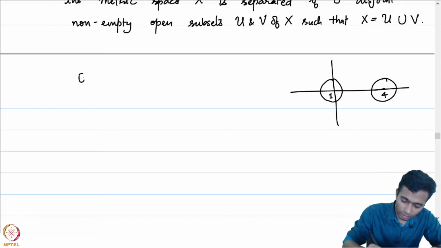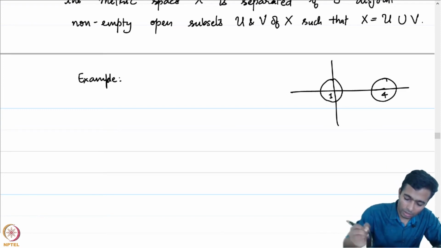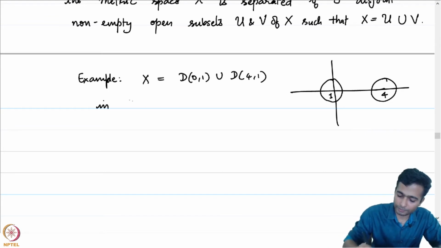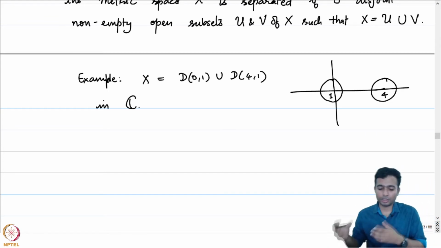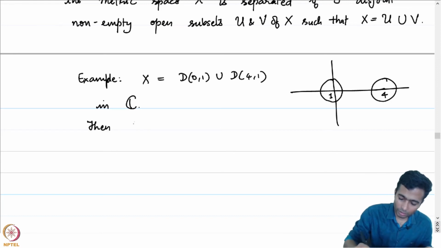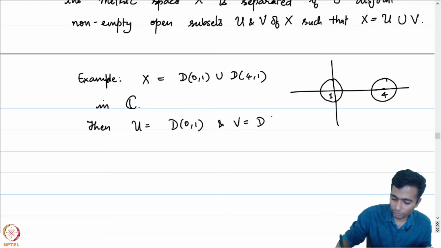Let X be equal to D(0,1) union D(4,1) in C, and let's use the metric on C to restrict it to X and define a metric on X. Then U equal to D(0,1) and V equal to D(4,1) is a separation.